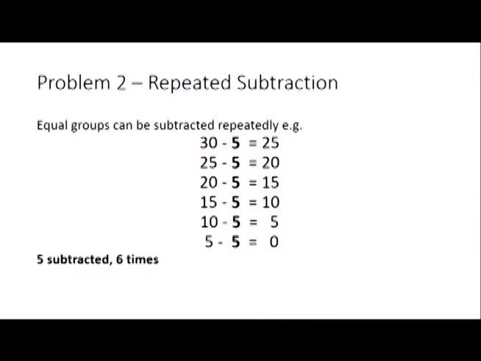So what we did, we started with 30, and we kept subtracting 5 until we ended up with no mangoes. And then we saw how many times we subtracted the 5. So we subtracted the 5 6 times. So repeated subtraction is another way of dividing. So there we see that subtraction is linked to division.